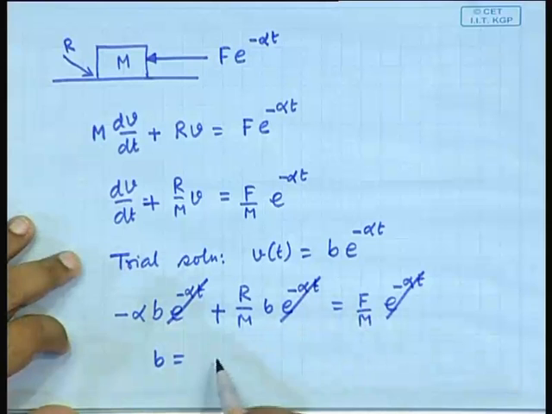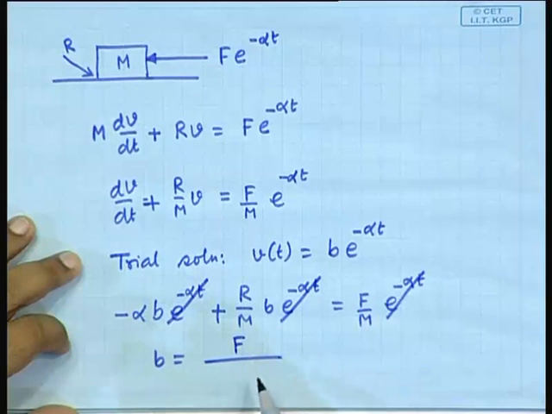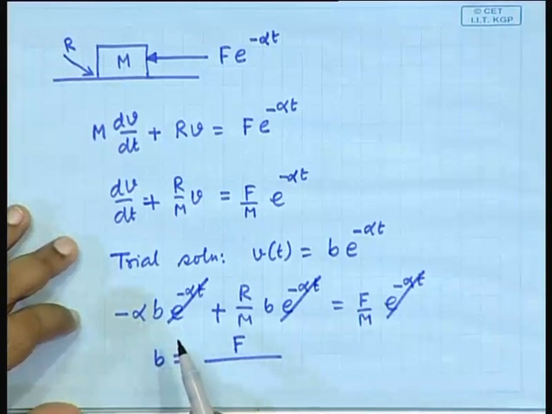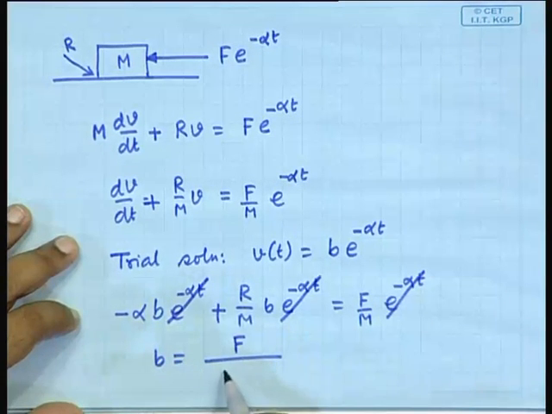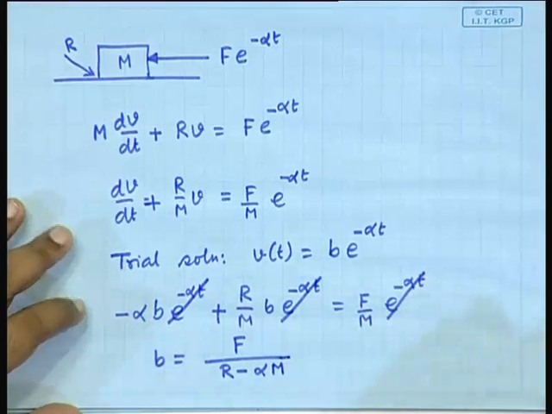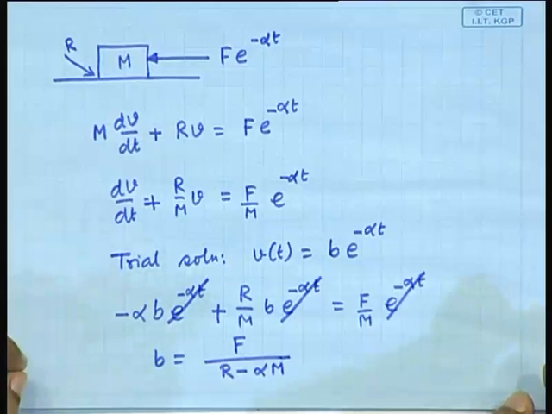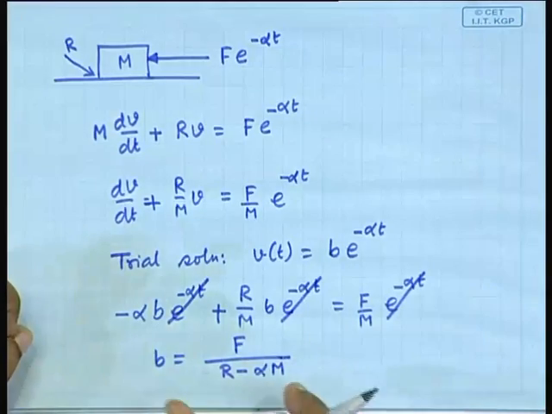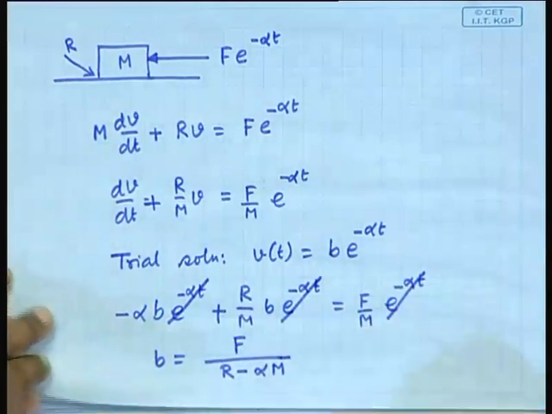That immediately gives b, which was the unknown: b is f by, b comes common, r minus alpha m. Good. Once we have found b, we can obtain the equation right away.